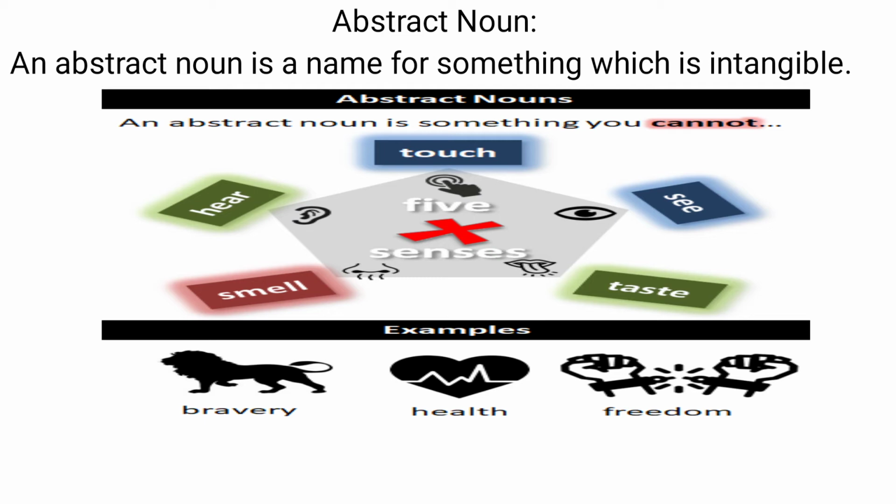And examples are given like bravery, health, freedom. All these are examples of abstract noun.